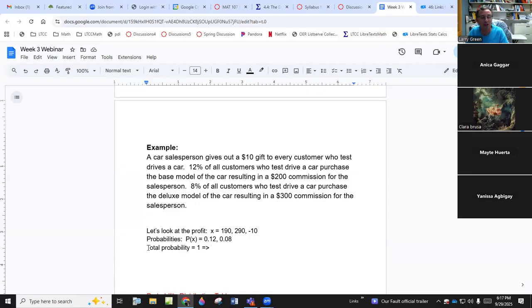What we do is we say, well, the total probability is always equal to 1. Okay, so what we can say is 1 is equal to 0.12 plus 0.08 plus the probability that x equals negative 10.